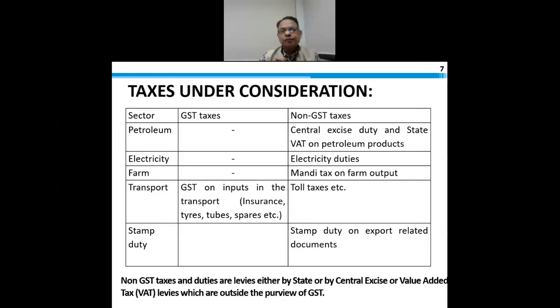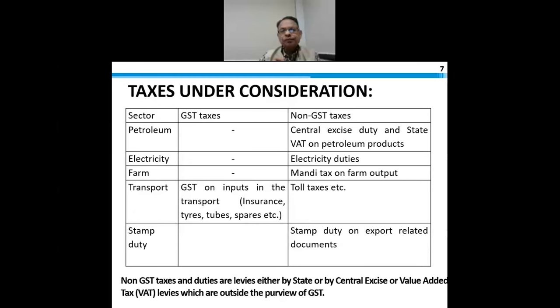How many people have their own transportation vehicles? How many people depend on the third party? And in any third party quotation that is given to you, nobody mentions what is the cost of diesel or petrol. Even if you go to the petrol pump and take the bill, it doesn't give you a breakup of taxation. These are all practical issues.